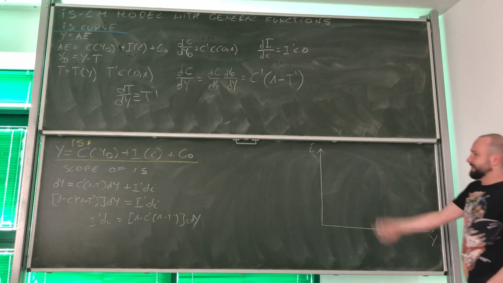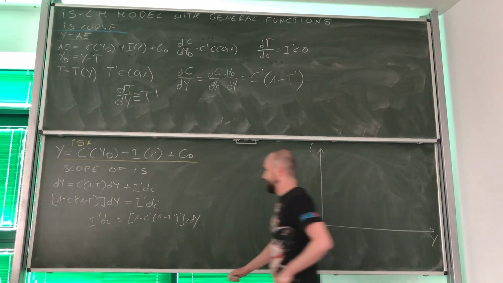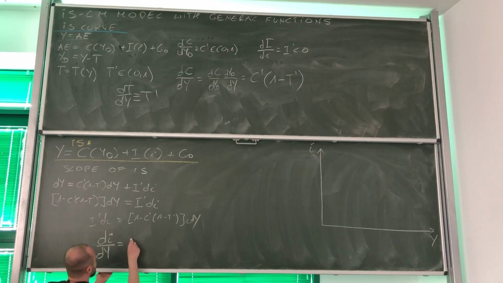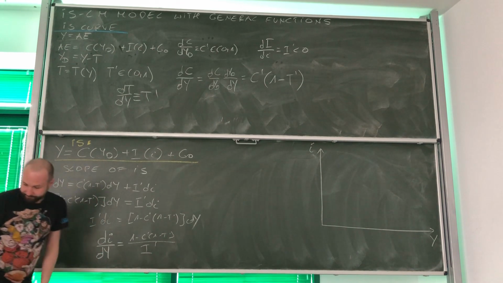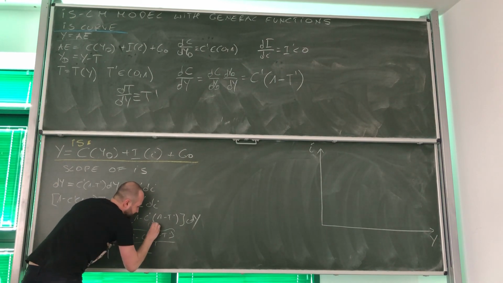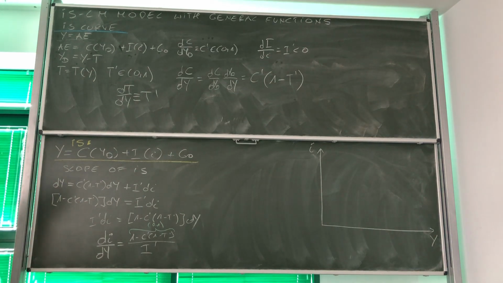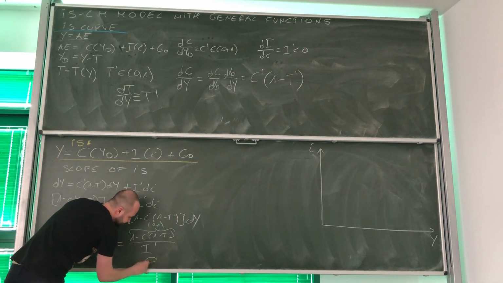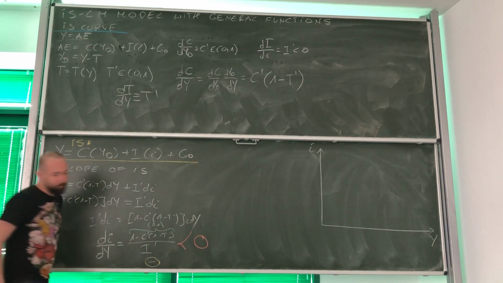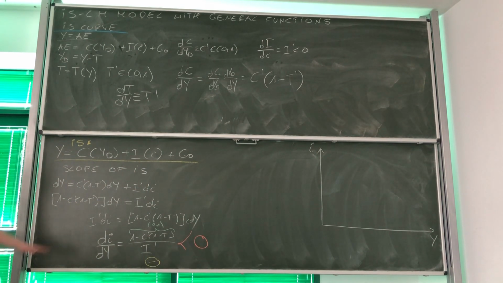We divide both sides by dY and I prime. And we get the derivative di/dY is equal to (1 minus C prime (1 minus T prime)) over I prime. Now, we know that this is somewhere between 0 and 1, right? The expression downstairs is negative, so we can be sure that the slope of IS is negative.